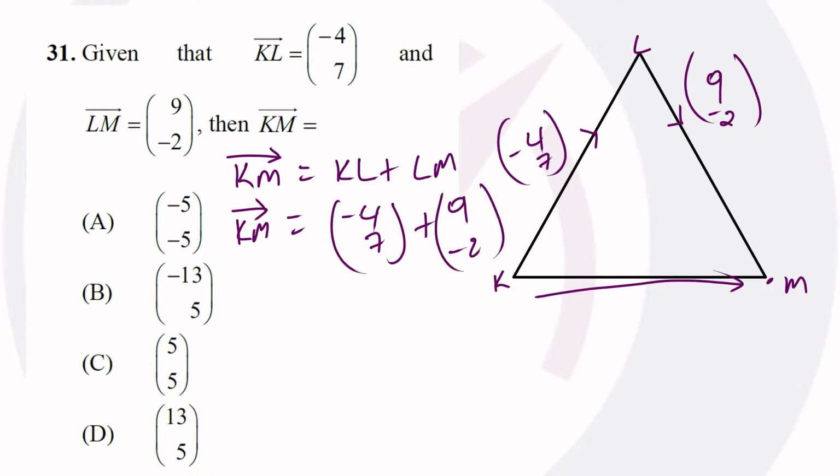So negative 4 plus 9 gives us positive 5, and 7 plus negative 2, same thing as saying 7 minus 2, gives us 5. So the answer that matches would be C.